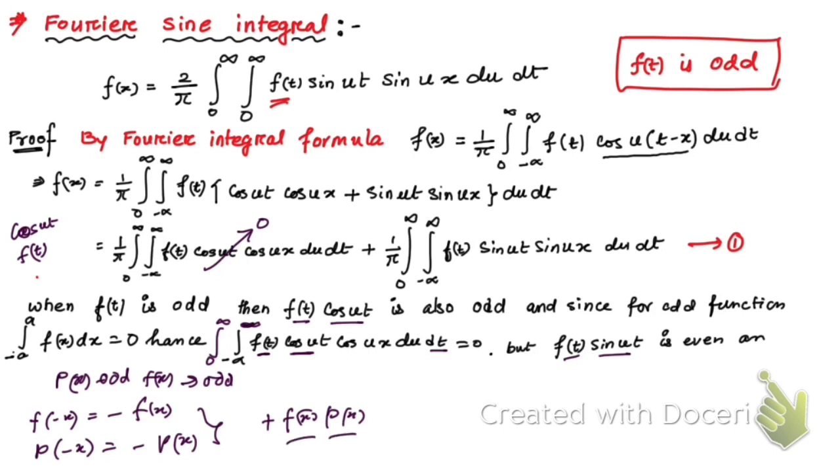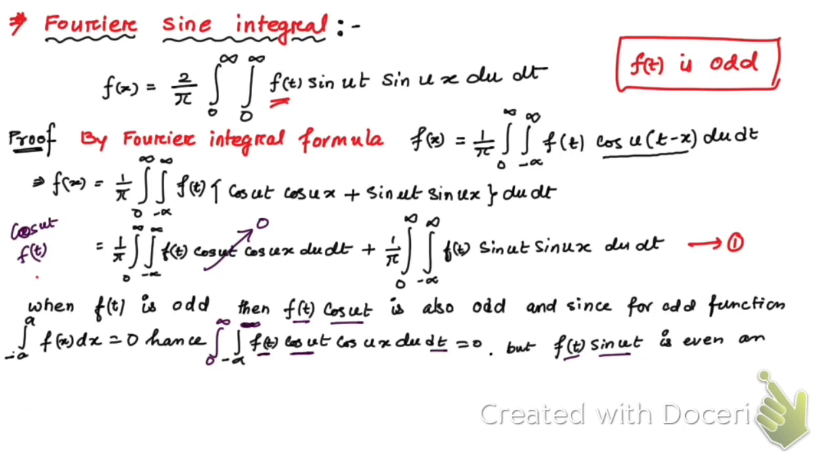So that's how we get f of t sine ut, that is even. And for an even function we have this condition: integration from minus a to plus a, if you assume f of x as an even function, then the integration from minus a to plus a of the even function f of x dx is 2 times the integration from 0 to a of f of x dx.